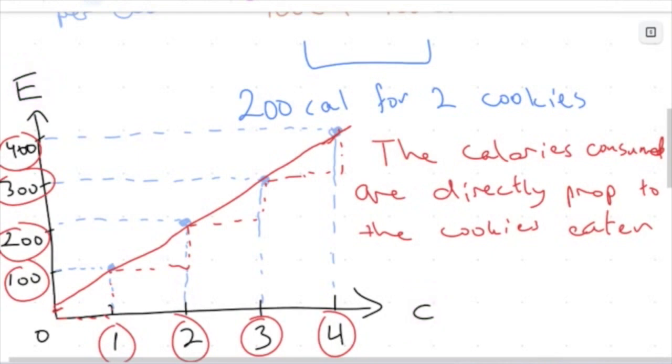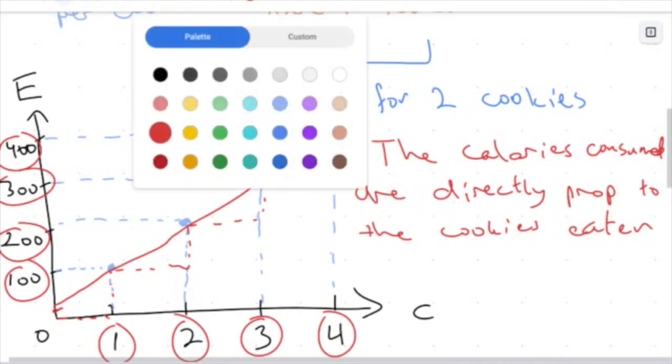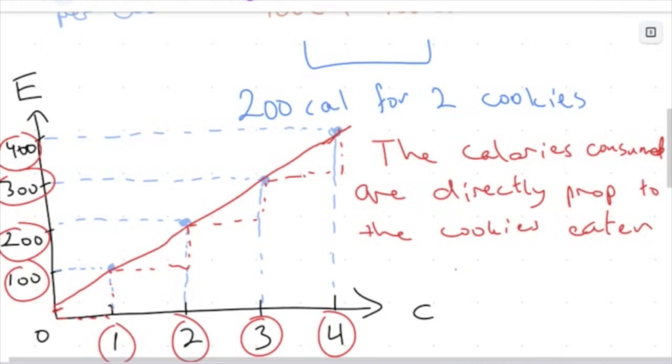Now, let's think, how could we write this out? Well, my y-axis is going to be E here, and that's going to equal something in front of my amount of cookies plus something else.